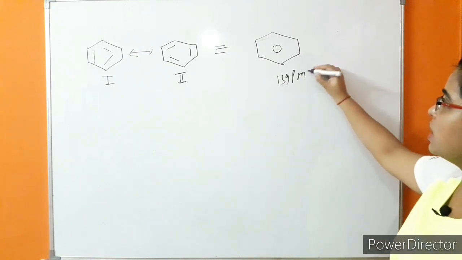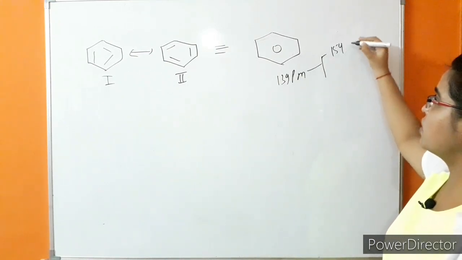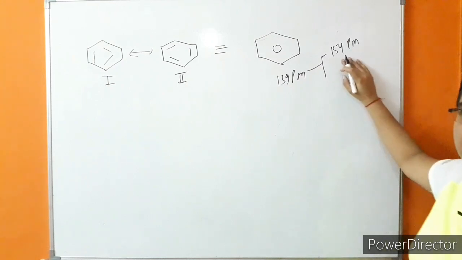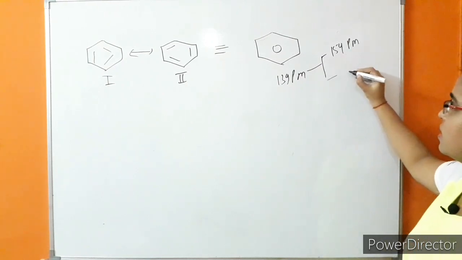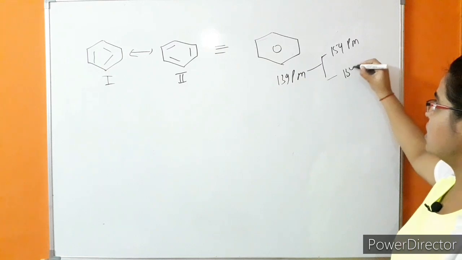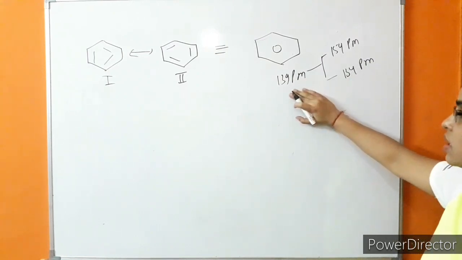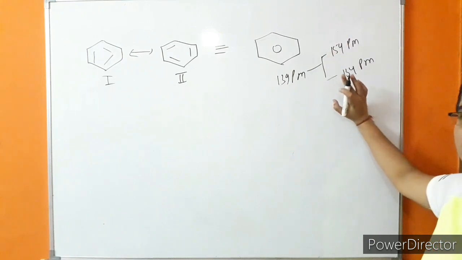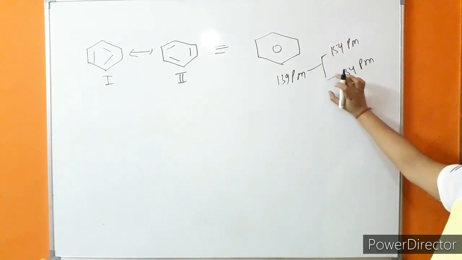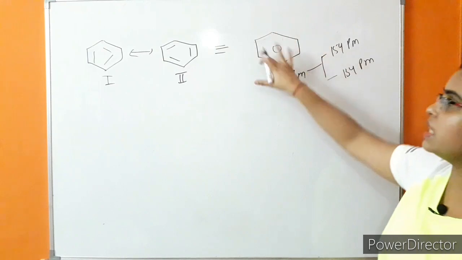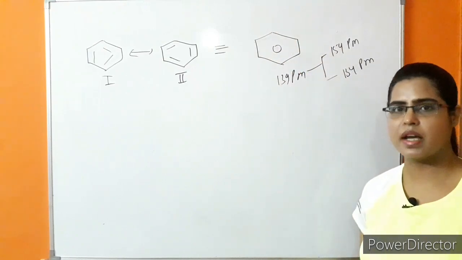It was intermediate between 154 picometer, which is the single bond length, and 134 picometer, which is the double bond length. In benzene ring, the actual bond length was 139, intermediate between the single bond and double bond. It is because of the delocalization of these pi electrons.